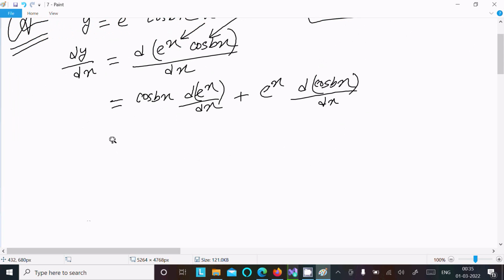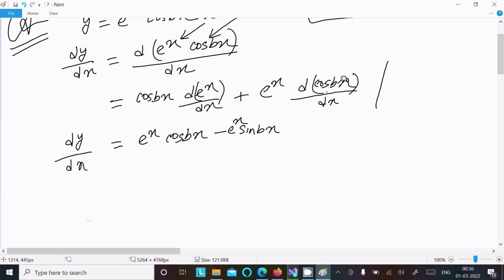So after that, this is e power x and cos bx, and now minus, the cos bx differentiation is minus sin bx, and if you want then you can include e power x. So this is the value of dy by dx.